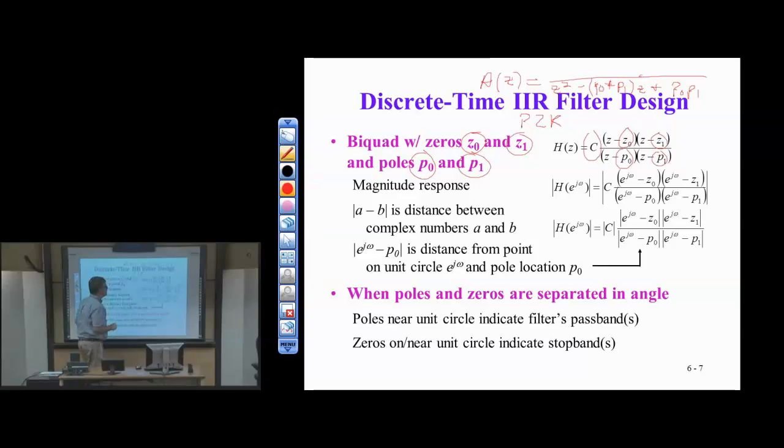You'll see the connection back to B0, B1, B2 in the previous slide. So instead of Z squared, I now have C Z squared, plus C times (Z0 plus Z1) times Z, and finally C Z0 Z1.